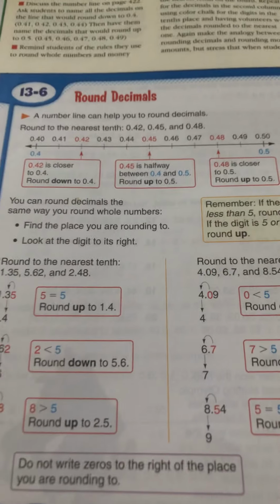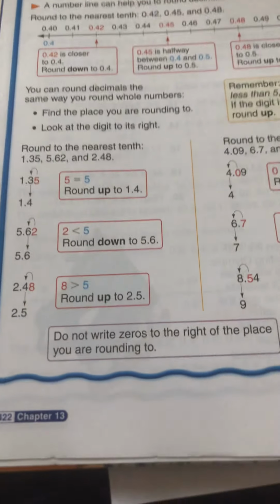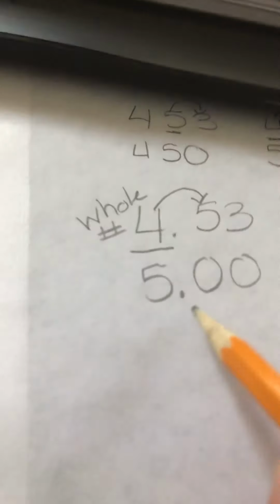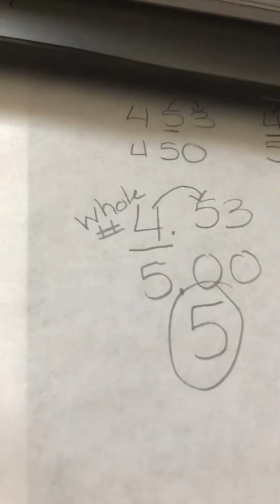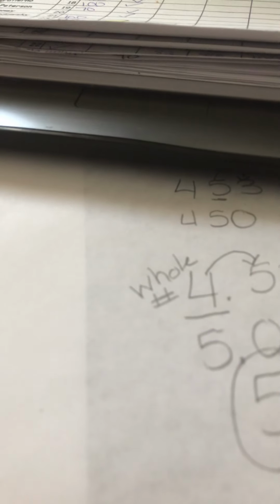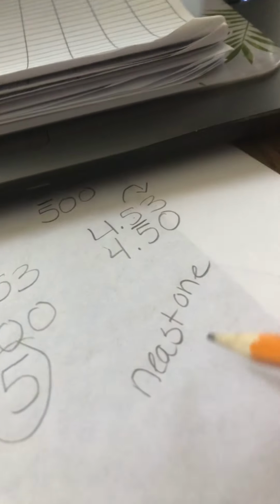Okay, so you do not have to write the 0. So when I did mine, I did 5.00. You don't have to. If it's asking you for a whole number, that whole number is just 5. Okay, so if I were going to round to the nearest 1, for the nearest whole number, that is just your ones place.